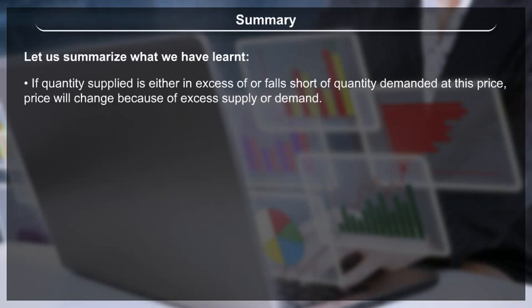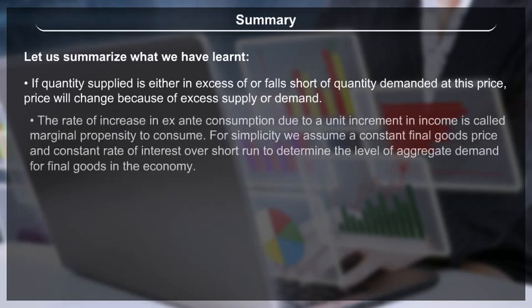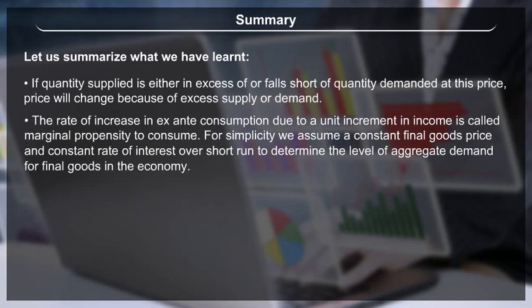If quantity supplied is either in excess of or falls short of quantity demanded, the price will change because of excess supply or demand. The rate of increase in ex ante consumption due to a unit increment in income is called marginal propensity to consume.